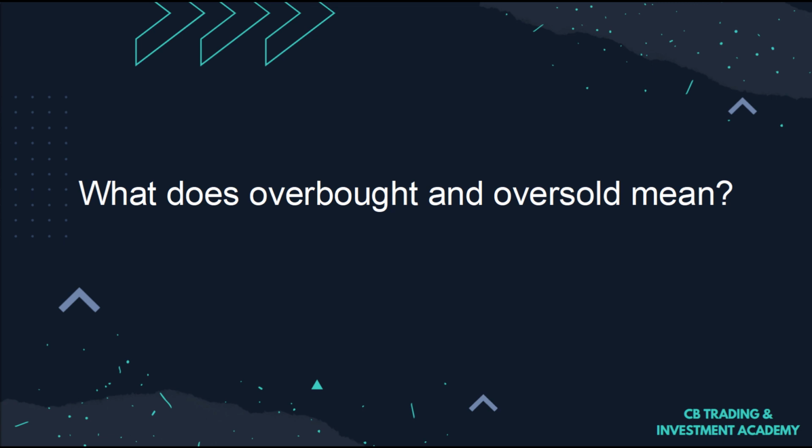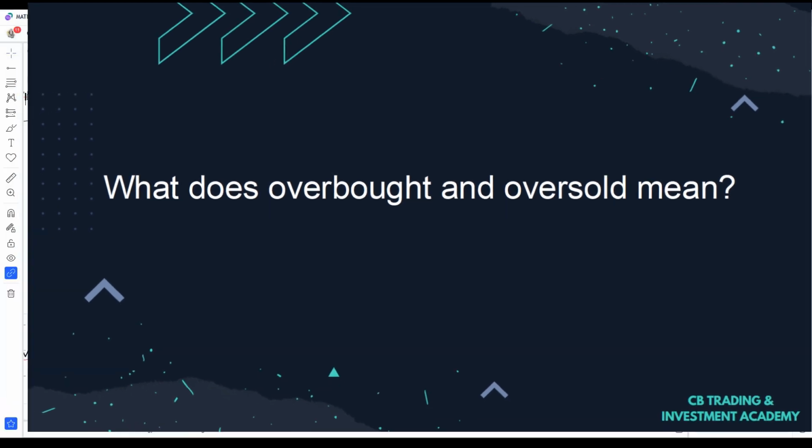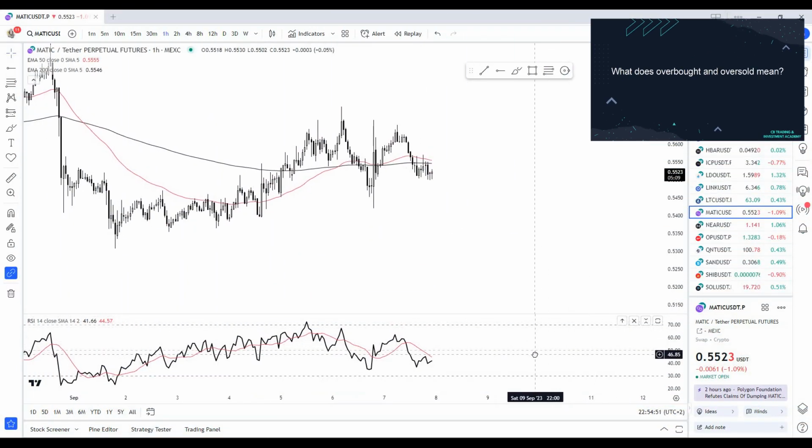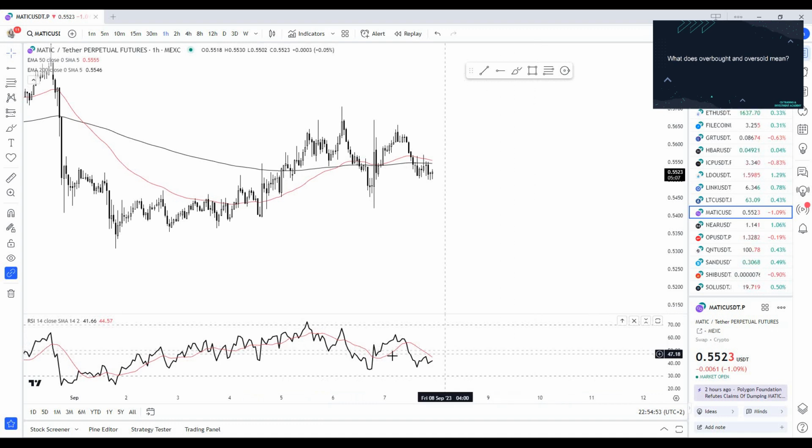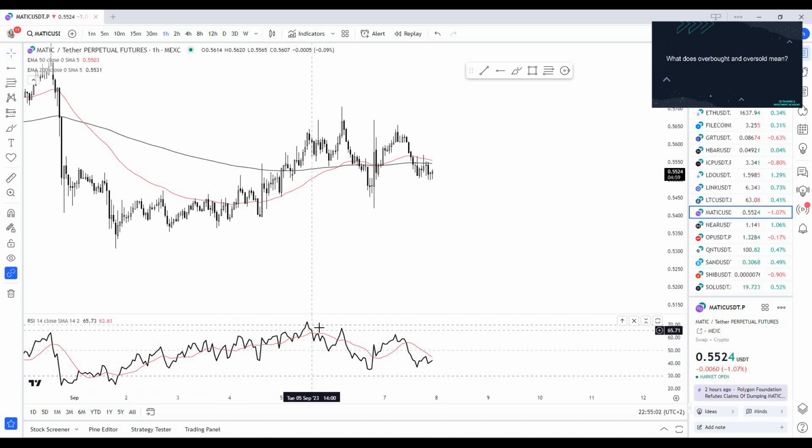A lot of people talk about overbought and oversold. You can see that on the RSI, and RSI just tells you it's a momentum indicator which tells you the strength of the market.